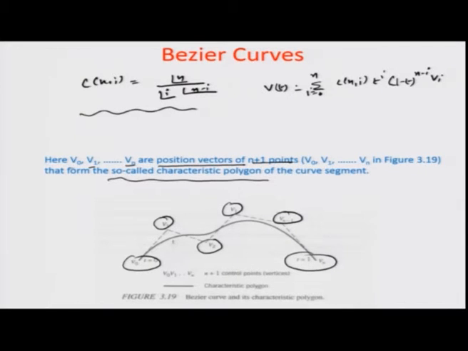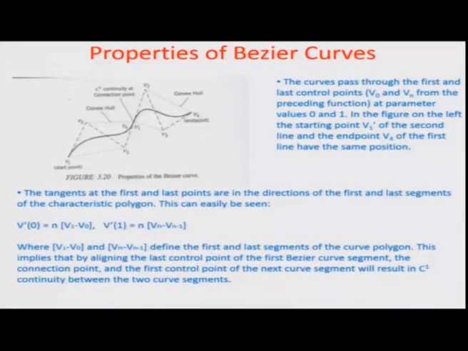So, for example, the figure represented on the left here shows C1 continuity with different radii of curvature on both sides and a common tangent, one at the beginning of the next segment, this is the next segment, and this is the earlier segment, and one at the end of the last or preceding segment.